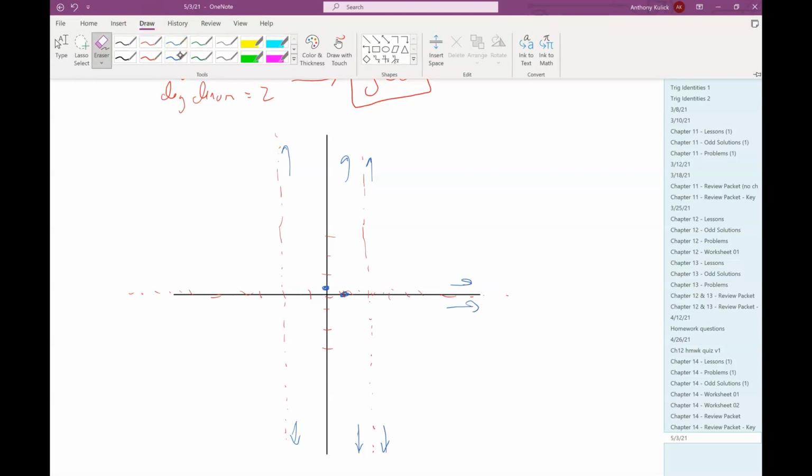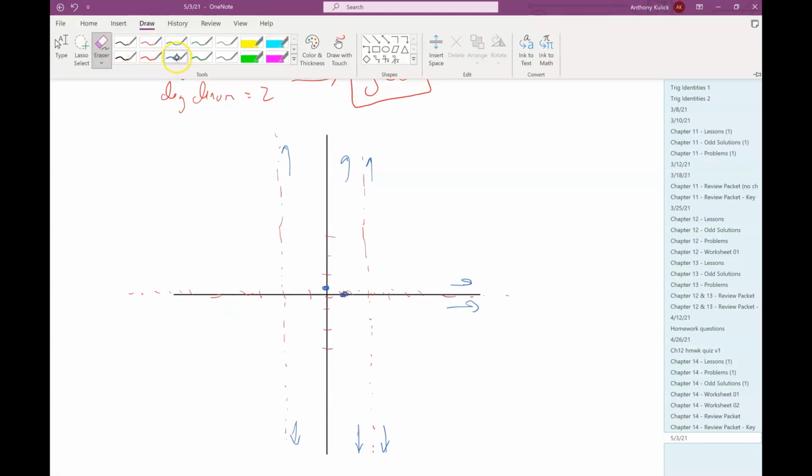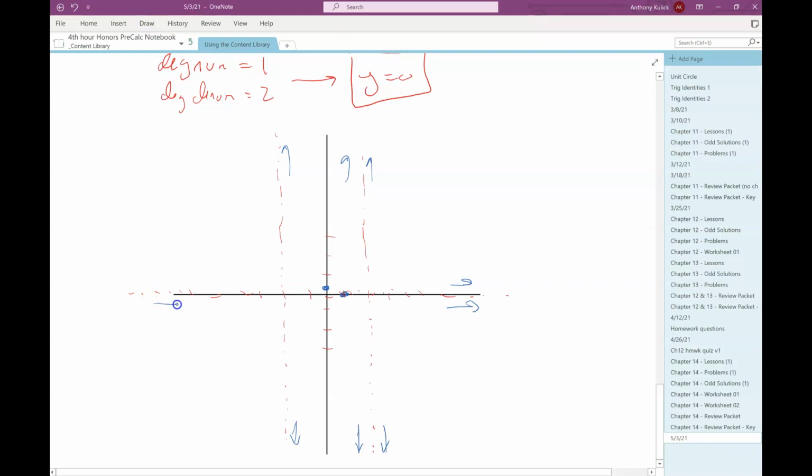So I know that this piece has got to be doing like this, right? Because it's stuck underneath that horizontal asymptote, and it's got to be going that way down. Pretty cool.